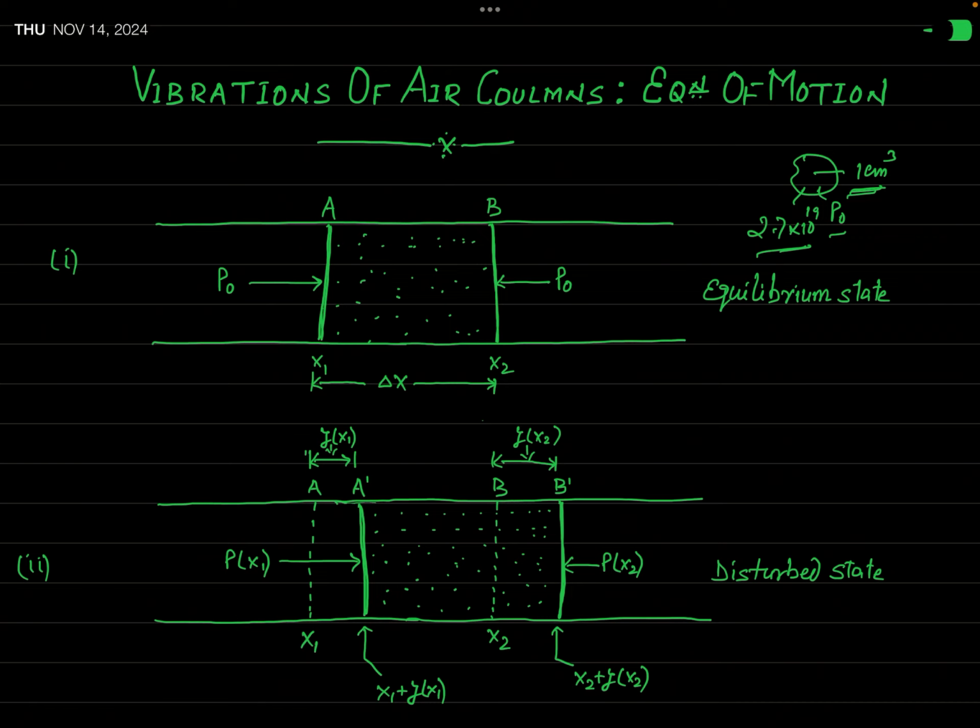That's why the average distance between the molecules will be very small. The molecules of this gas will be very close to one another. And so, as an approximation, we imagine the number of molecules becoming infinite and the distance between them tending to zero. And this is the reason why we consider an air column as a continuous system.